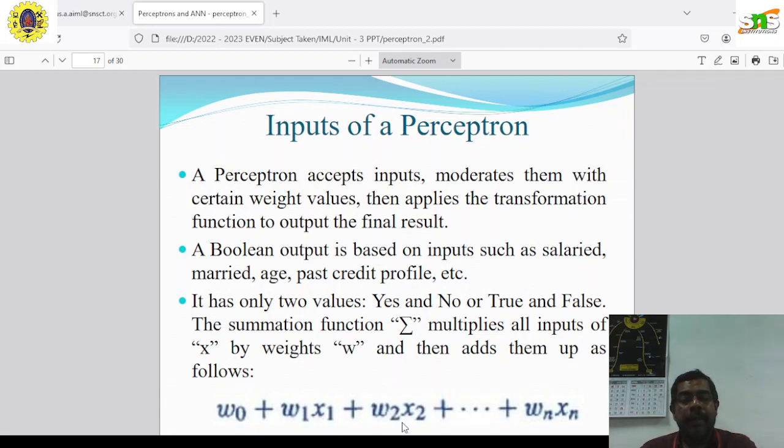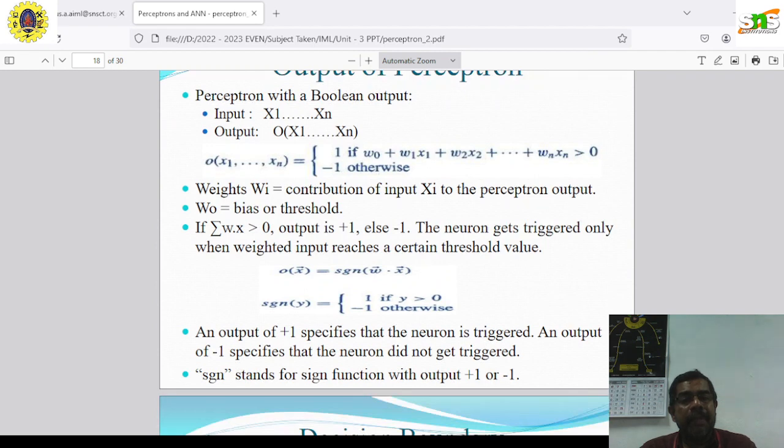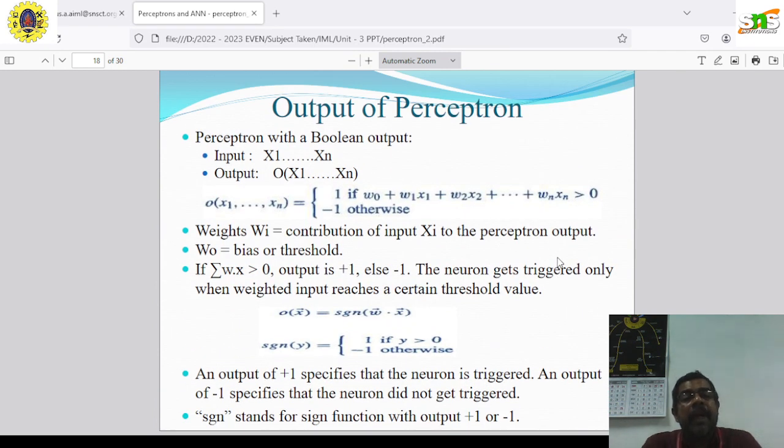This way the input of the perceptron is computed. Now let us see how the output of the perceptron works. For the perceptron with Boolean inputs x1 to xn, the weights are multiplied with x1 to xn. The output is 1 if w0 plus w1 x1 plus w2 x2 up to wn xn is greater than 0, and -1 otherwise. The weight wi is the contribution of the input xi to the perceptron output, and w0 is the bias or threshold.